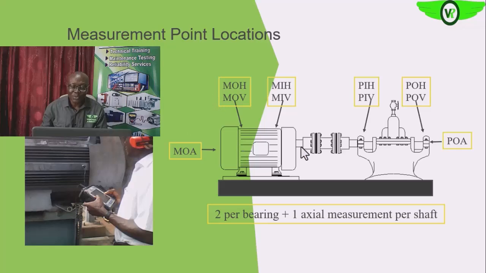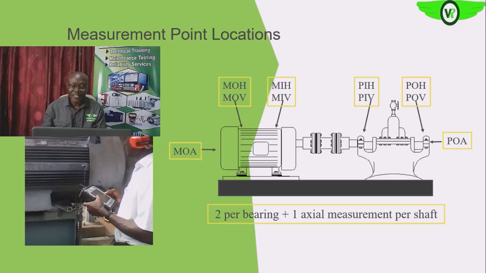So on the motor we have basically three measurement positions on the outboard and three measurement positions on the inboard. That is what is stated here: motor outboard vertical, motor outboard horizontal, motor outboard axial.